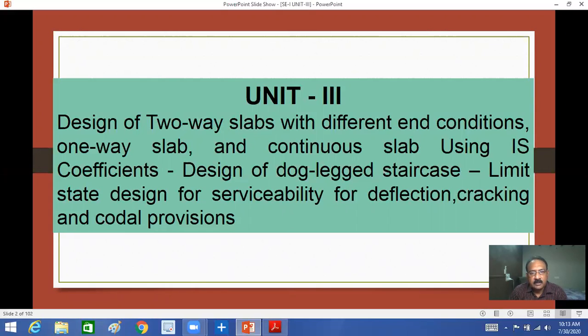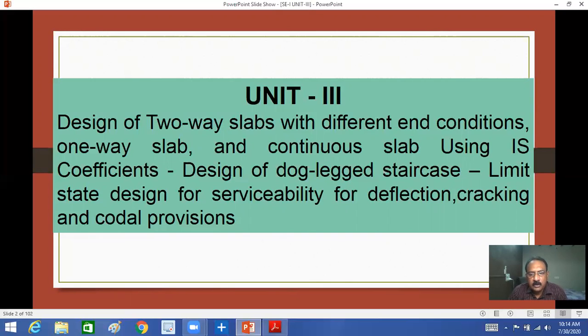In this unit, you will learn how to design one-way slab, two-way slab, and continuous slabs by using IS 456 codal coefficients, and design a dog-leg staircase. Generally, what is the dog-leg staircase?